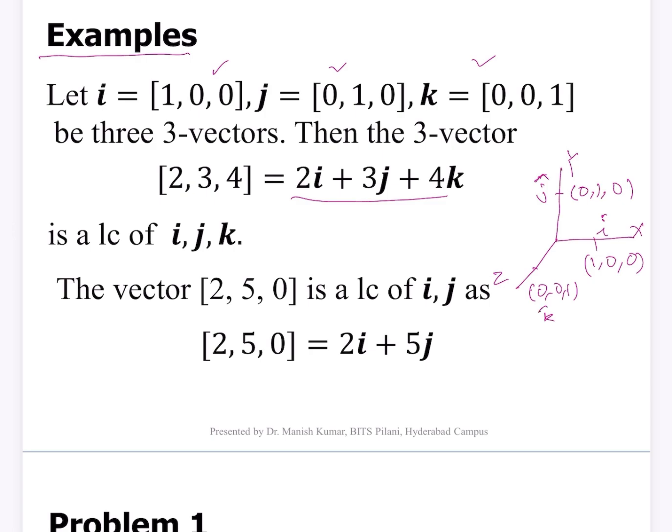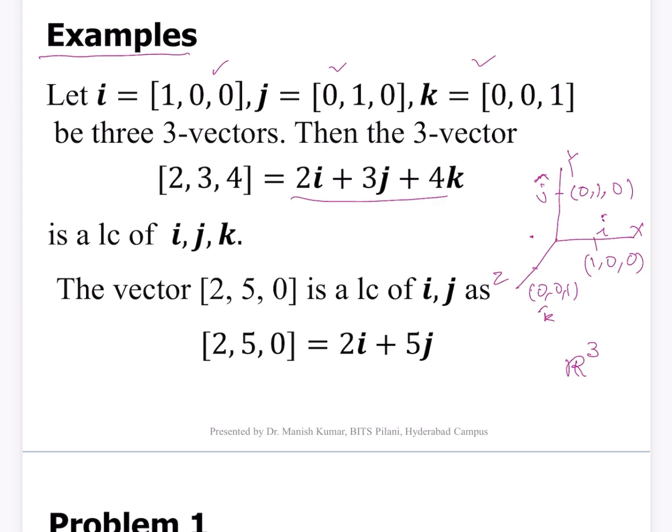Now these three vectors are very important in R3, right? Any vector you pick in the 3D space can be written as a linear combination of these three vectors. Later we will see that these three vectors are nothing but the basis of the R3 vector space.